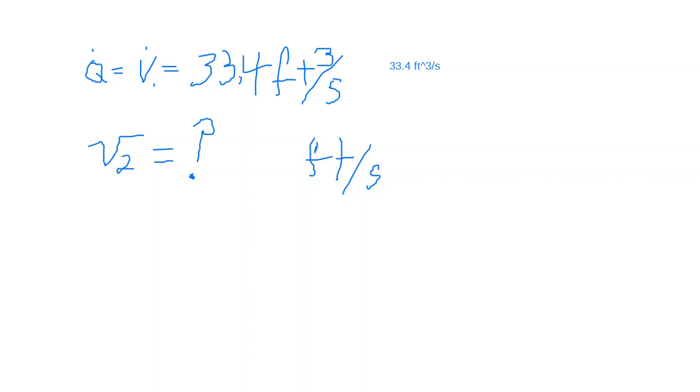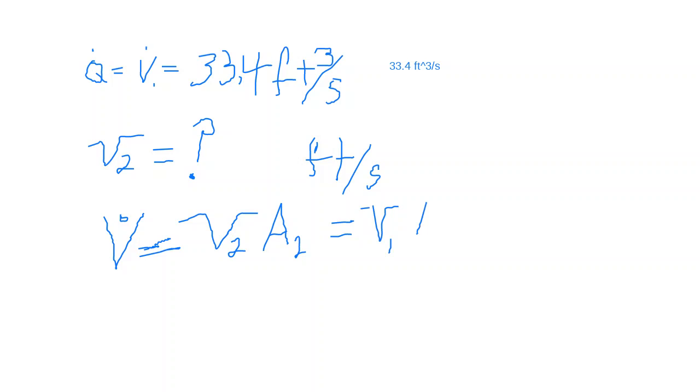So what is V dot? Let's start there. V dot is velocity times the area. So V dot would be equal to V2 times A2, which is equal to V1 times A1, right?